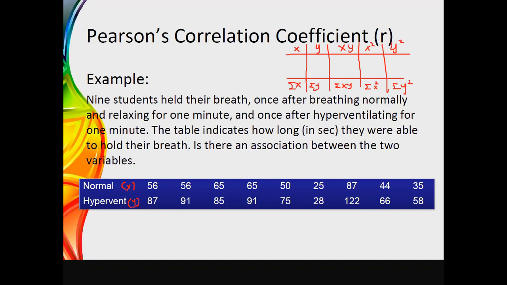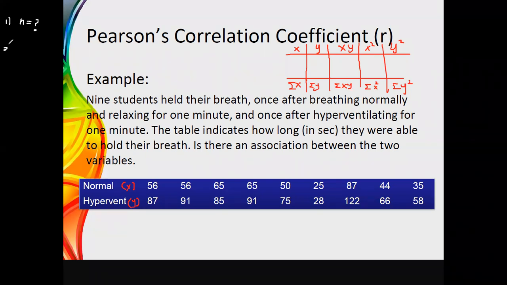If you look at the calculation steps, first of all, you need to identify how many pairs of observations there are. According to this, altogether 1, 2, 3, 4, 5, 6, 7, 8, 9. Altogether 9 pairs of observations are there.